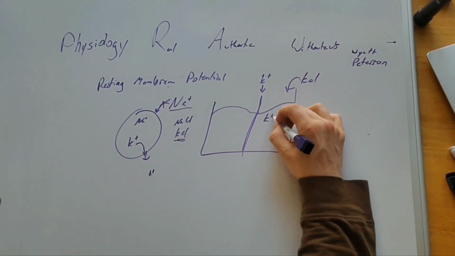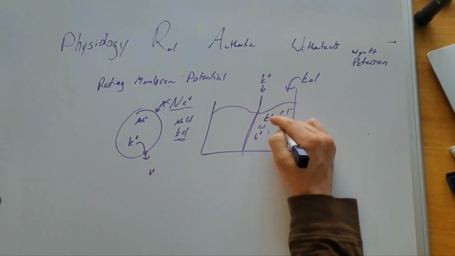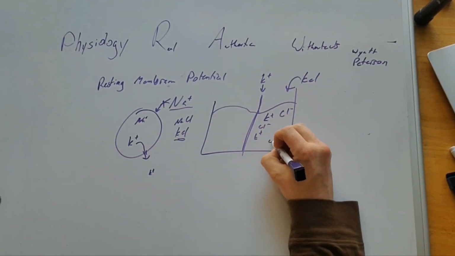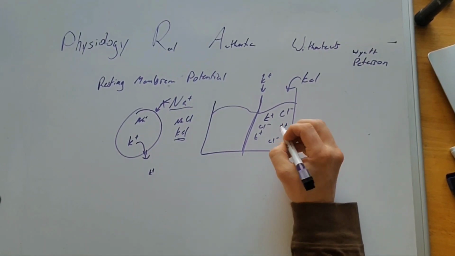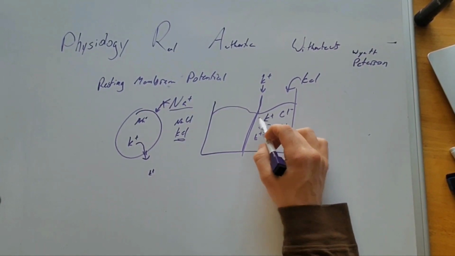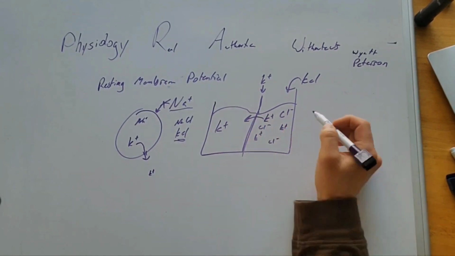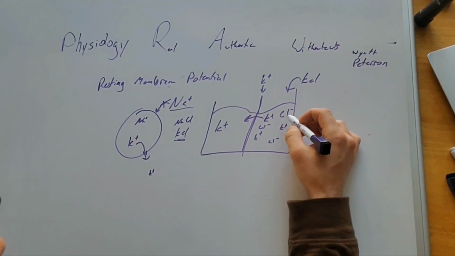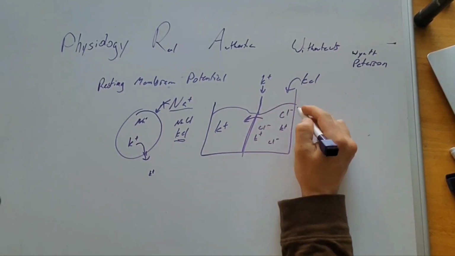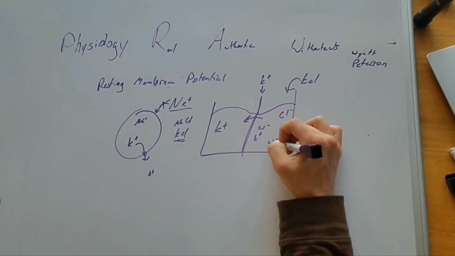So now we have dissociated potassiums and chlorides floating around inside here. And since there's such a high concentration of potassium, it's going to start to cross the membrane and come over here. And now that it has left, there's a higher concentration of negative ions.